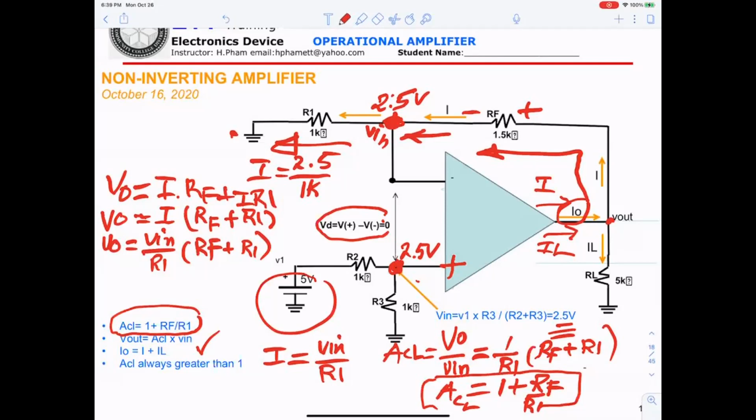Hey, Mr. Pham, in that current that you got on the output, one part goes from the output up towards the feedback resistor, and the other part goes down towards the load. That's what they call a source current.